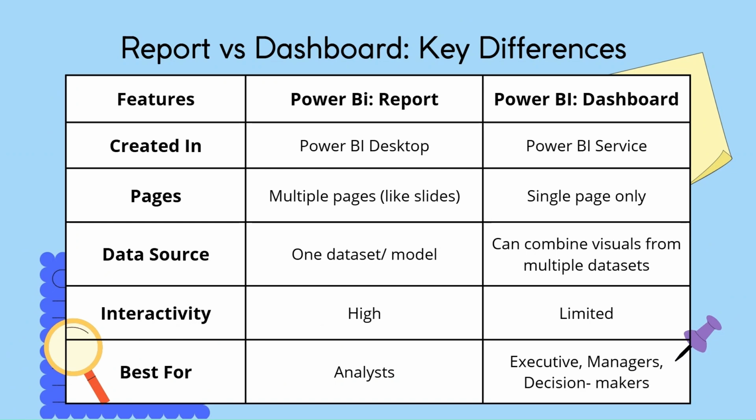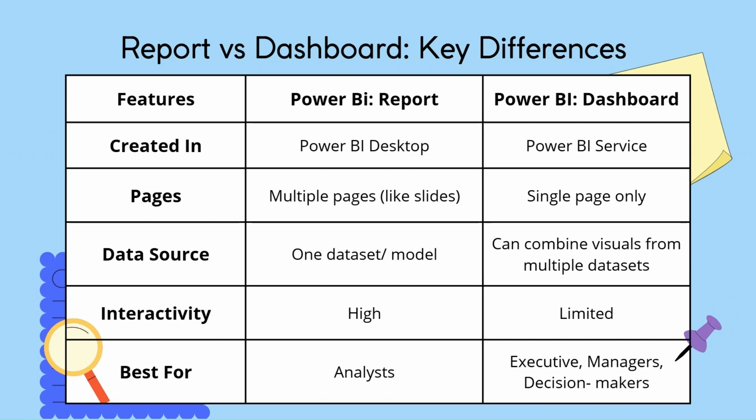Third feature is data source. A report usually connects to one dataset or model, but a dashboard can combine visuals from multiple reports and datasets, giving a cross-sectional view. Our fourth feature is interactivity.